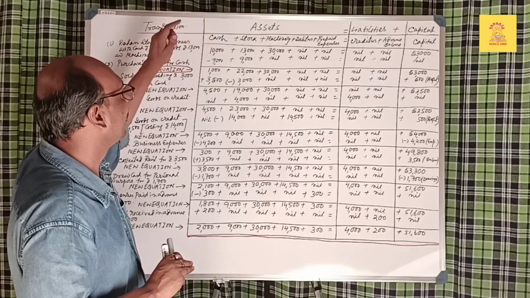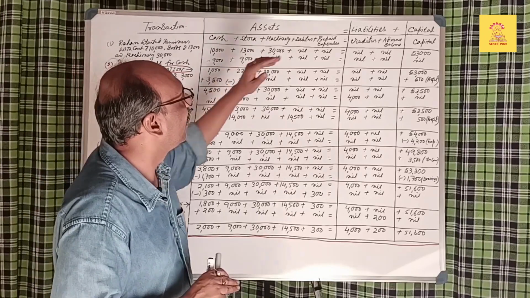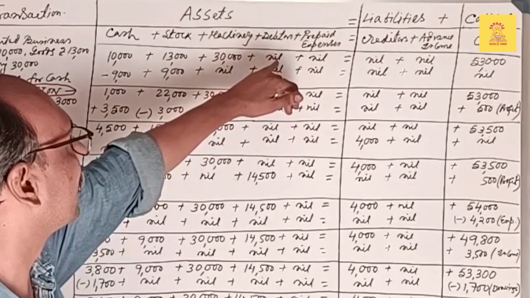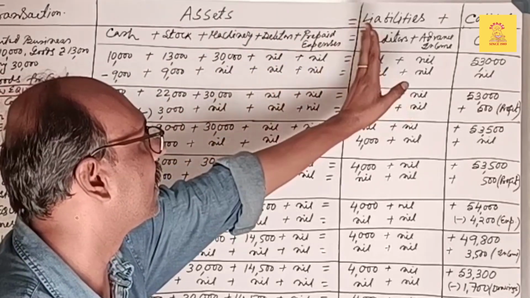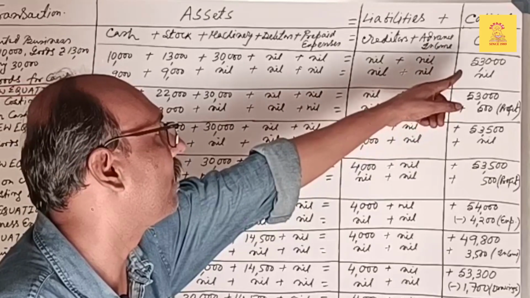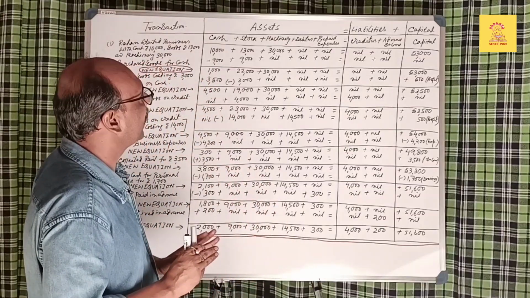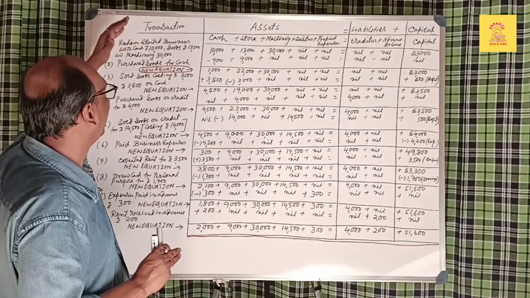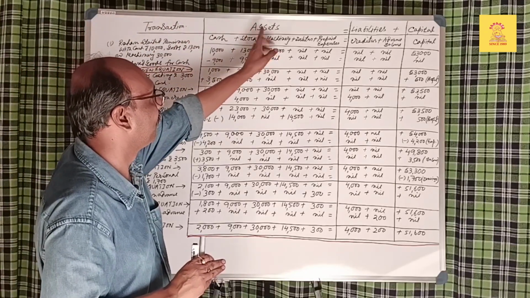That's why all are added: 10,000, 13,000, 30,000, and for the rest nothing is there. That's why debtors nil, prepaid expenses nil, creditors nil, advance nil, and capital is 53,000. Let me explain the other things. Look at the equations. Here we found only cash, stock, machinery.